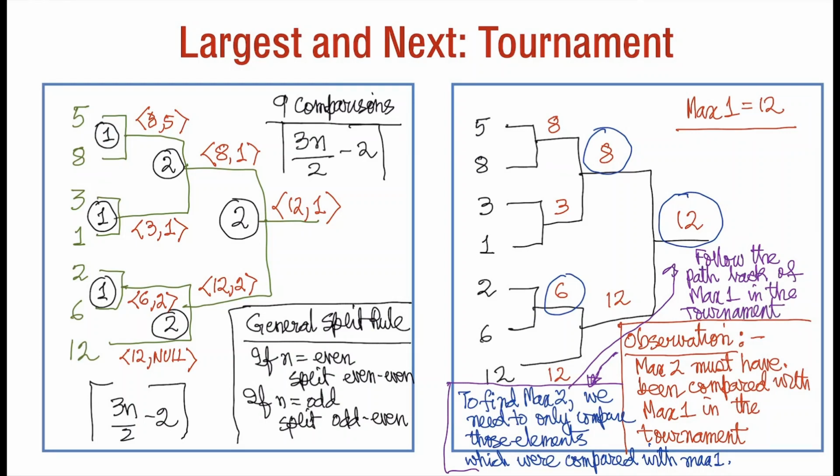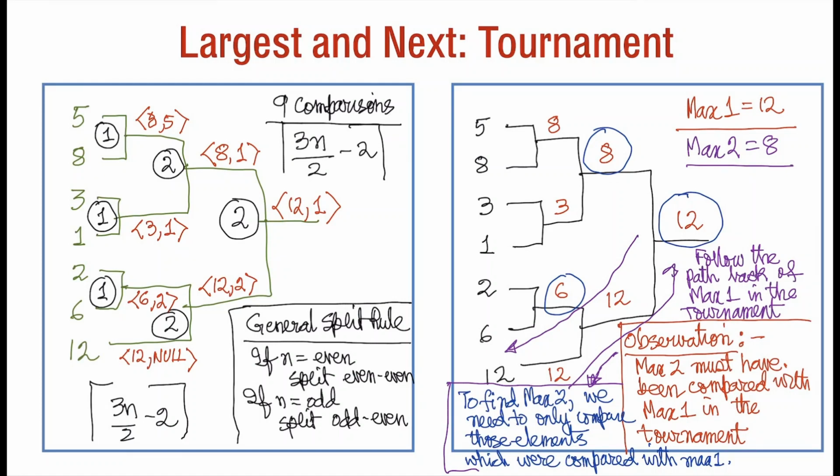So we follow the path of max 1 in the tournament, and along this path we retrace this path back, and as we retrace this path we find all the elements with whom it was compared, and the largest of those will become max 2, and you will get max 2 equal to 8.